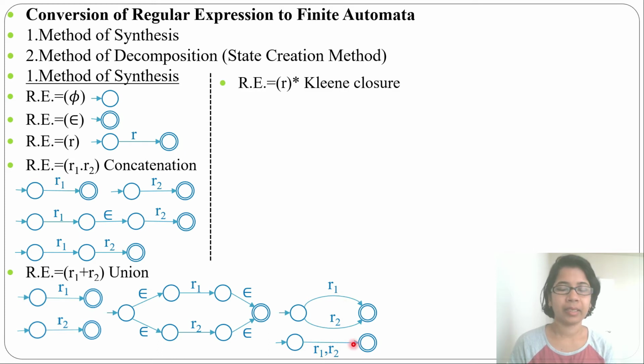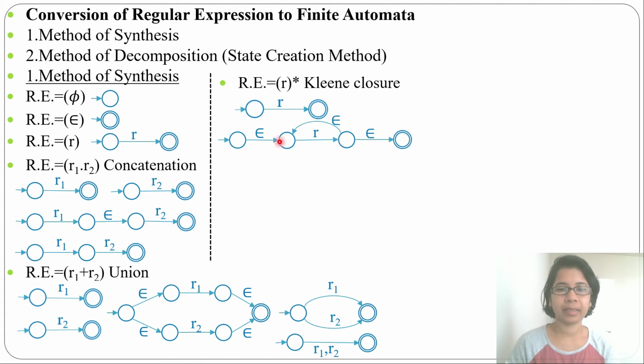Next, R Kleene closure. What is Kleene closure? Kleene closure means it will accept epsilon, then single R, then 2R, 3R, any number of R. This is the finite automata for R. So what you will do is add one new initial state and a new final state and make epsilon transitions. Just add an epsilon transition to this initial state, and from this final state add an epsilon transition to the new final state.